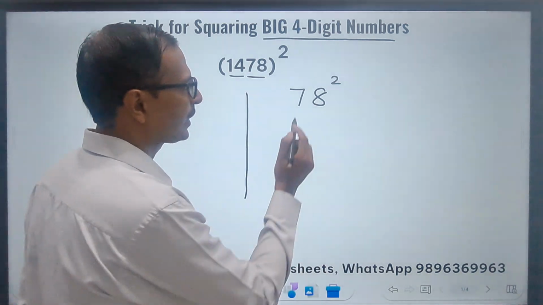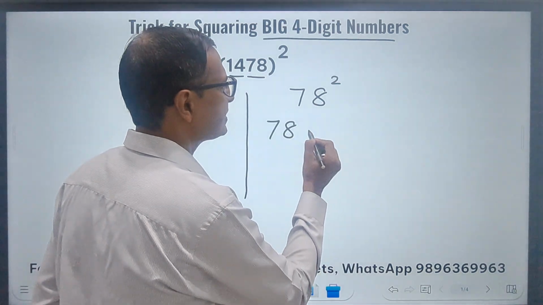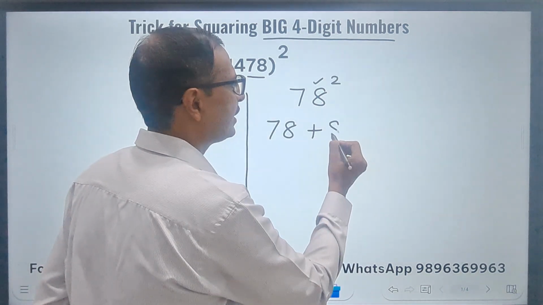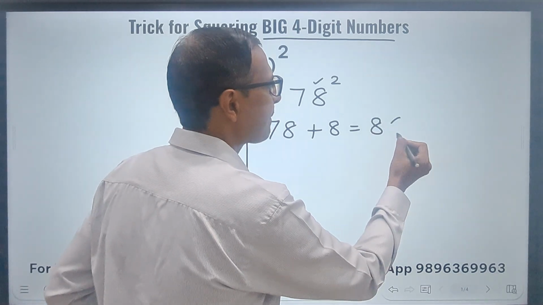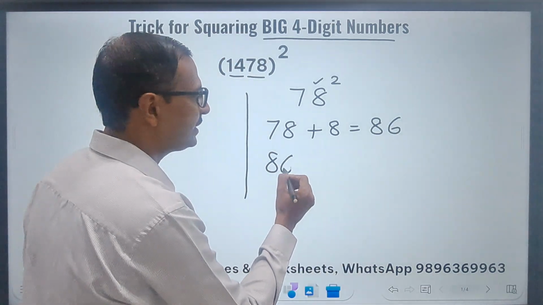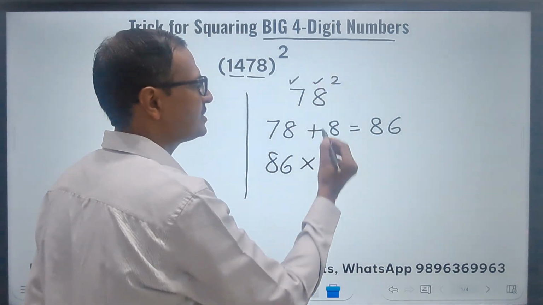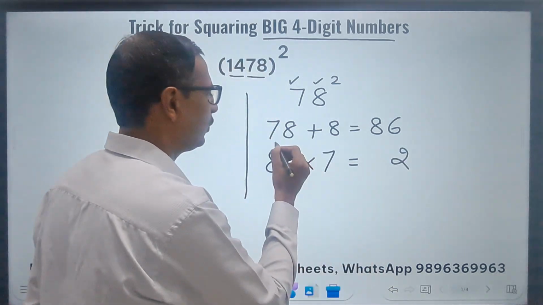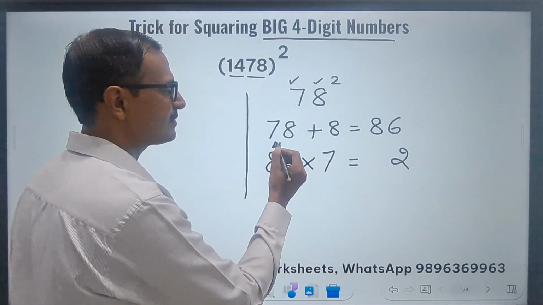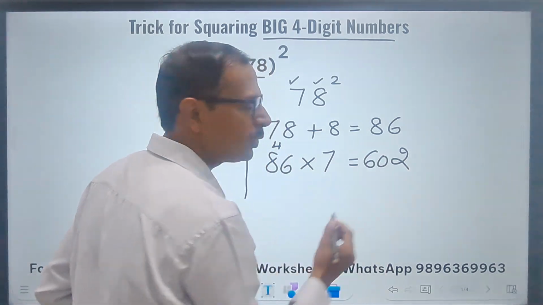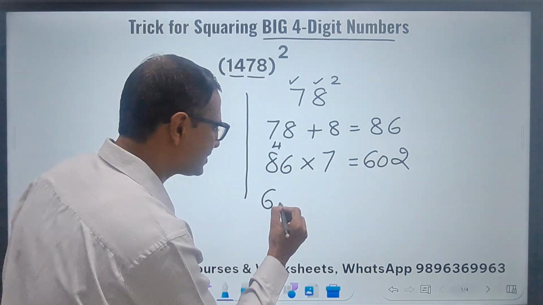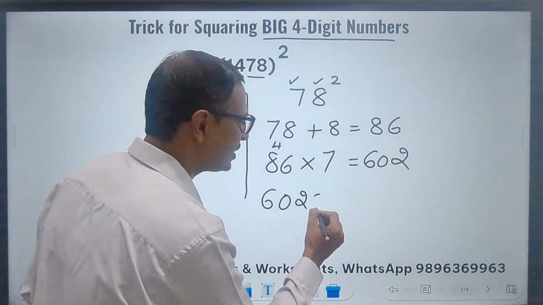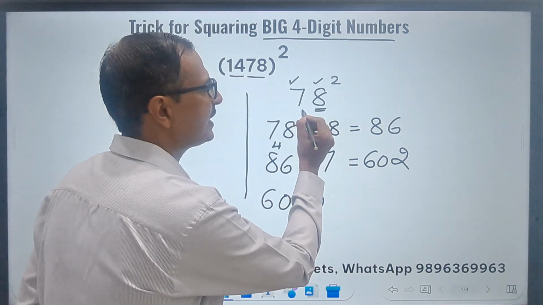What was the trick? 78 plus the unit digit 8 gives us 86, and 86 times the tens digit 7 gives us: 7 6s are 42, so 2 and a 4 carry, 7 8s are 56 plus 4 is 60, so 602. You have to suffix a 0 here because we took a single digit and a single digit.